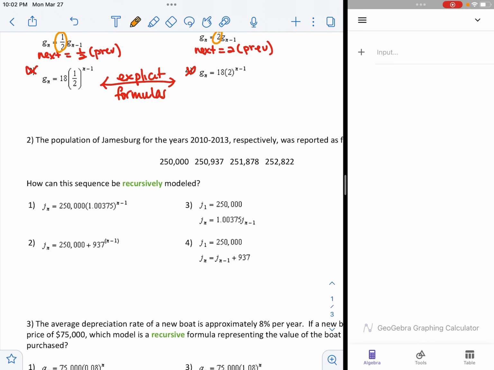Number 2, again, it gives you a sequence with 4 numbers and asks you which is a recursive model. Well, again, 2 of the choices are not recursive formulas, choice 1 and choice 2 here. Choice 3 and 4 both tell you that 250,000 is the first term. That's true. Now, both of them are increasing, multiplying by a number greater than 1 or adding 937.